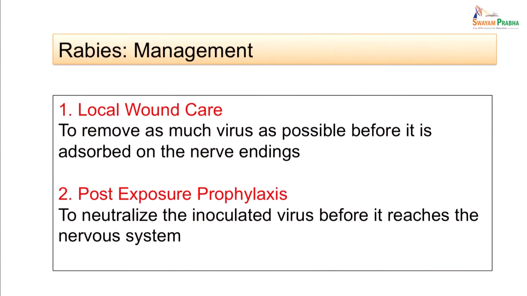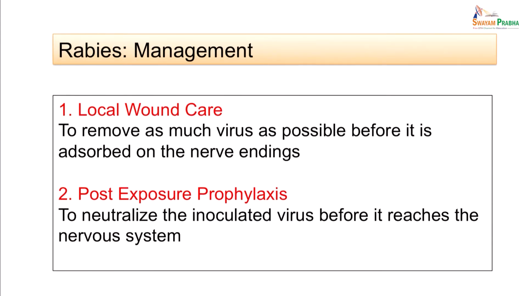Now, coming to the management. The treatment of rabies is aimed at the prevention of the development of rabies. So, the most important aim is to prevent the rabies virus from spreading to the central nervous system from the site of inoculation. The management involves local wound care to remove as much of the virus as possible before it is adsorbed on the nerve endings.